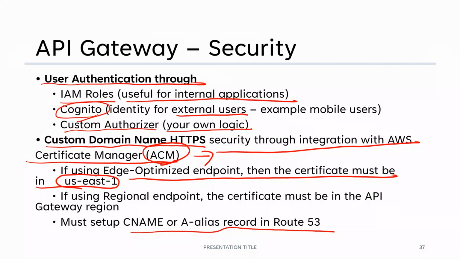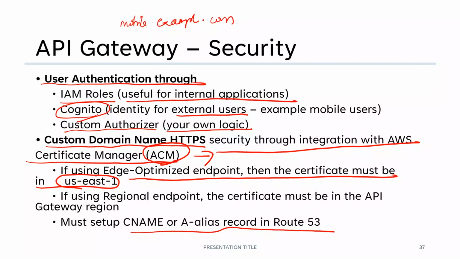So in Route 53, you can set up an alias record or a CNAME record. An alias record is kind of a CNAME record, but it is used for AWS services only. The difference between CNAME and alias record is that you can only create CNAME records for subdomains. For example, mobile.example.com.